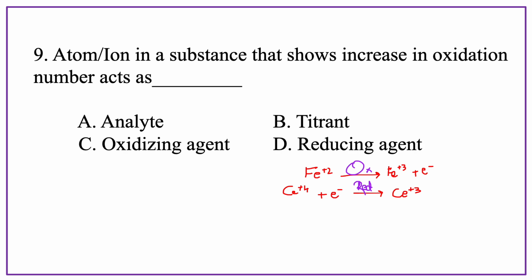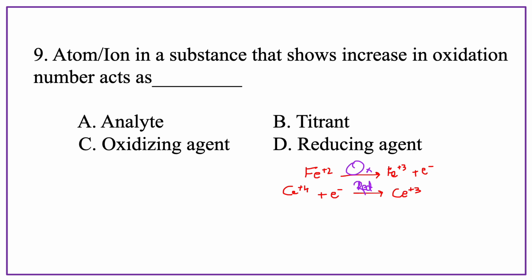The ionic reactions show that Fe2+ undergoes oxidation, giving Fe3+, the ferric ion, and the electron which is released here is gained by the cerium 4+ ion, which shows the reduction. So here the oxidation half reaction and reduction half reaction are shown.